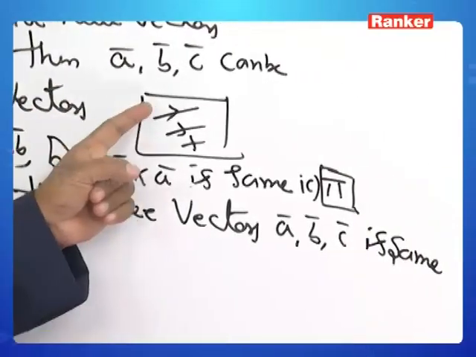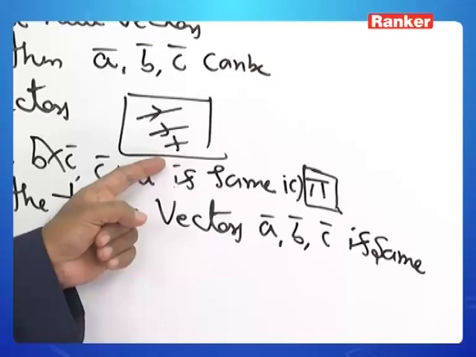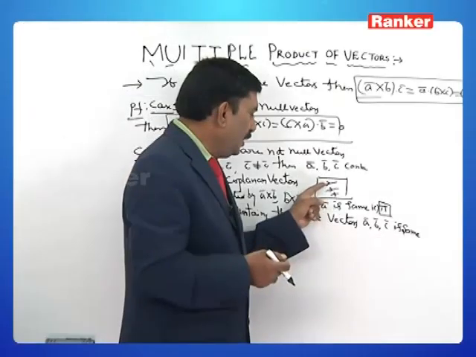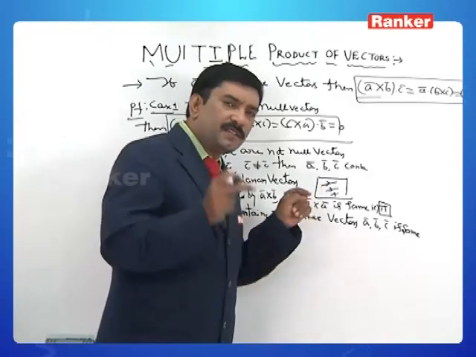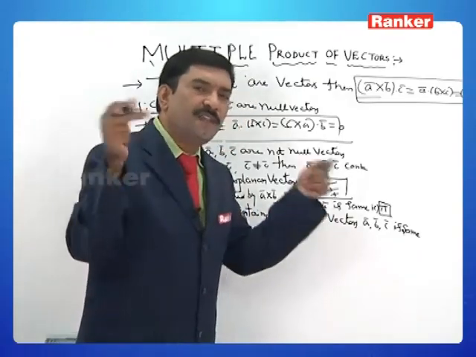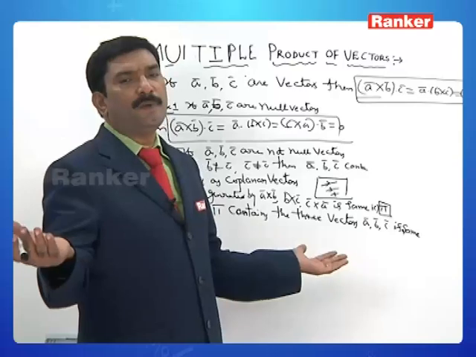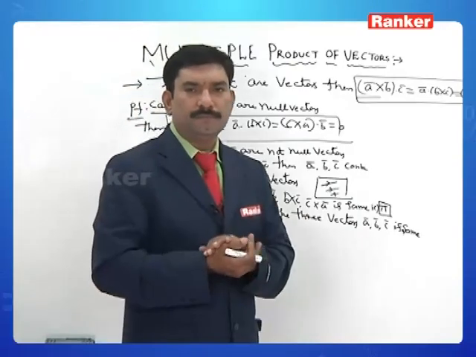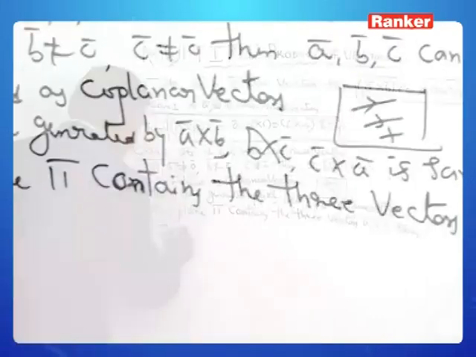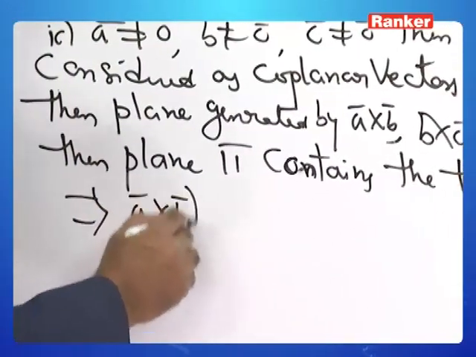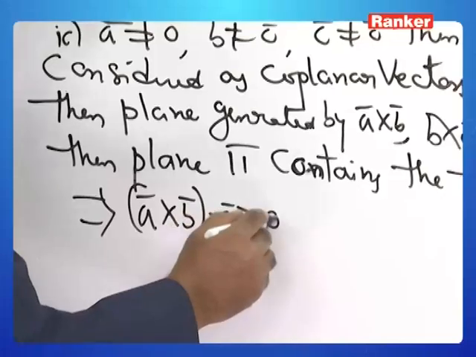Now, when A bar, B bar, C bar are lying in a plane, A cross B is perpendicular to A bar and B bar. Since C bar also lies in the same plane, A cross B is perpendicular to C bar, which implies I can write A bar cross B bar dot C bar is equal to 0.